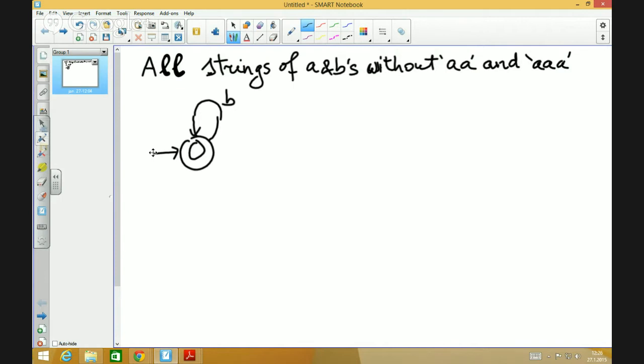Well, what else can come along? There is an A. Now, shall we stay in the same state or shall we go somewhere else? We should go somewhere else, everybody here is saying. Why? Well, because this could be the beginning of the pattern AA.